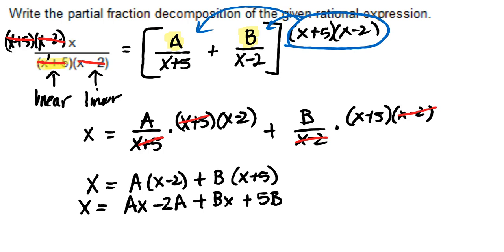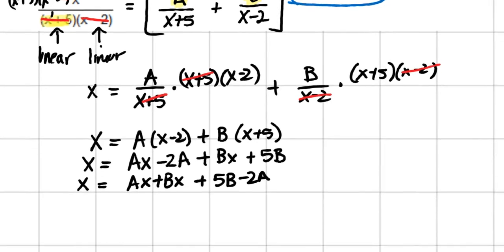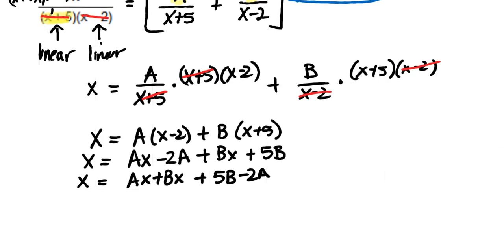Then I group the like terms together: Ax plus Bx, those are like terms, plus 5B minus 2A. The 5B and 2A are the constants, so we group them together. On the right-hand side, we can factor out the x, and we have a coefficient of A plus B on the x term.